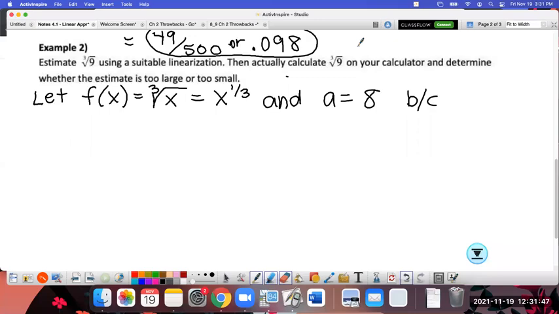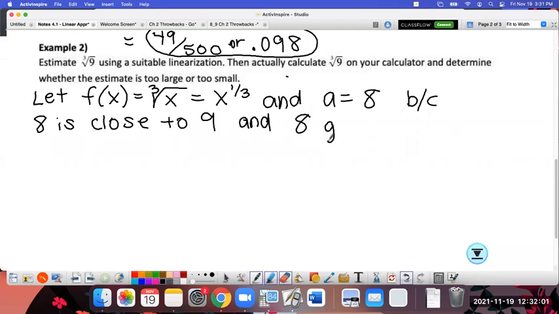I'm going to say because 8 is close to 9 and f of 8 is evaluated nicely.